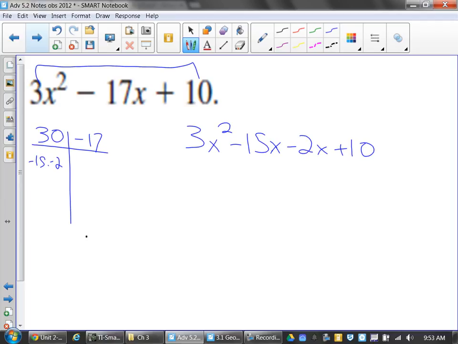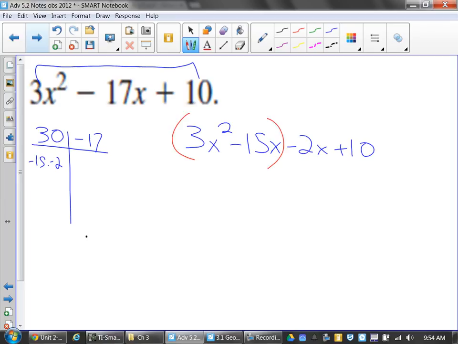What this is doing, it's splitting that middle term. It's making 4 parts here. So now I can factor the first 2 terms via the greatest common factor, and I can factor the second 2 terms via the greatest common factor. Like I said, this takes maybe an extra step than what people might normally do, but it forces you to get the correct answers. So here's what it looks like.